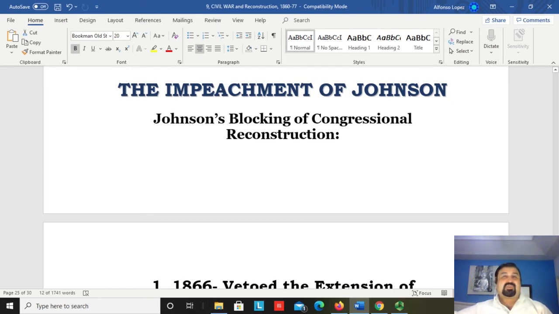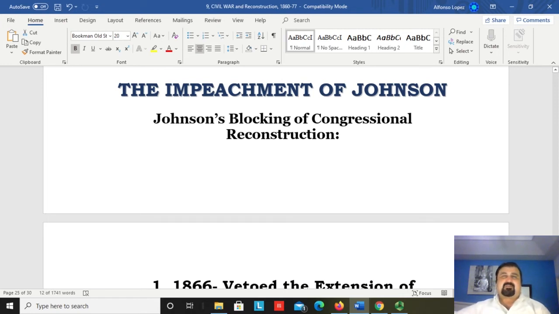They're saying, well, there's no change, and it's almost like the South is going backwards, really going back to this old way. So this is going to create a rift between the Republicans and Johnson, in which there will be a struggle between Johnson and the Republican Party, leading up to the impeachment crisis, the impeachment of Andrew Johnson.